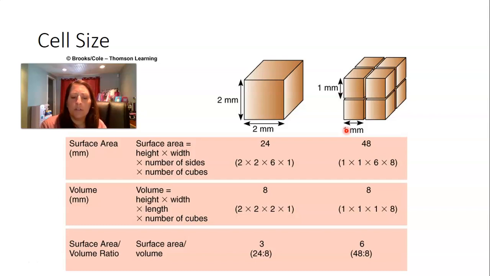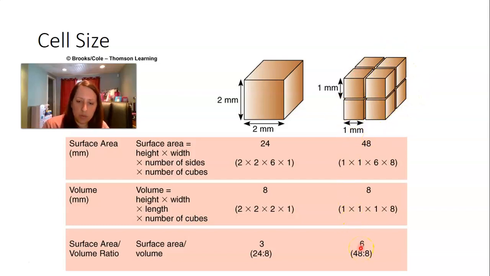So if we look at surface area to volume down here at the bottom, I'm not going to ask you to calculate these. But if we just look at the overall ratio, the surface area to volume ratio for this one larger cell is 3, whereas our surface area to volume ratio for all of these is 6.